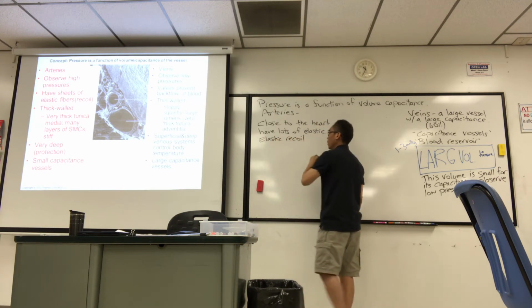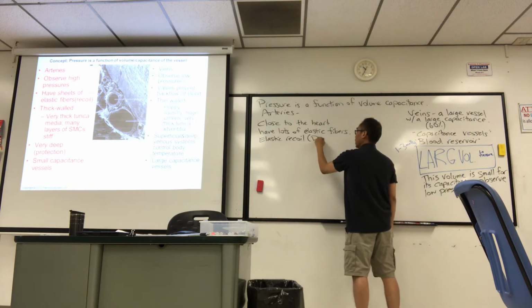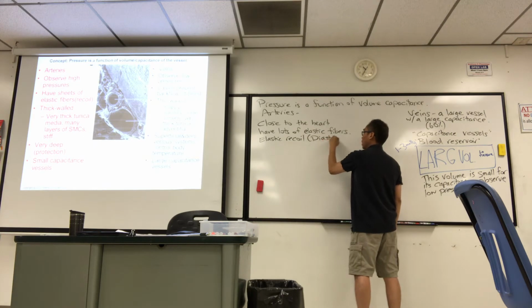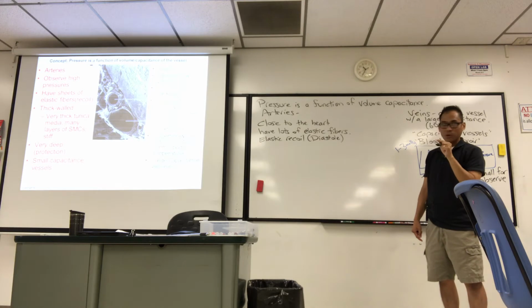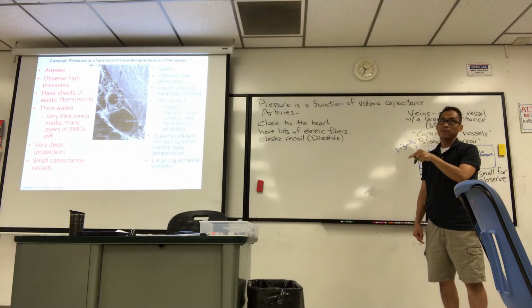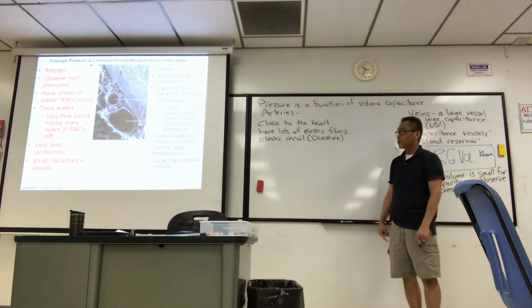This elastic recoil would occur while the heart is in diastole. And that keeps the blood pushing forward in one direction because the heart's not generating any pressure during diastole. So this elastic recoil keeps it going.